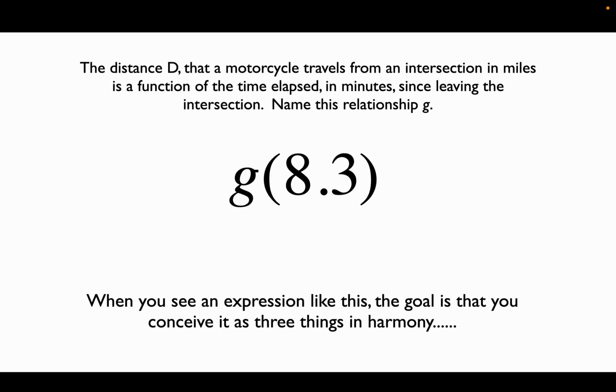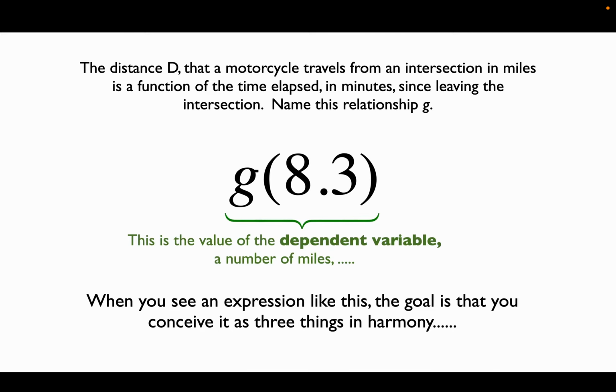Same thing here. Maybe there's a whole weird complex formula. Don't do the computation. Just write this to represent the value of what's called the dependent variable, or the output, in this case the distance in miles. So G of 8.3 is some number of miles that the motorcycle's traveled.